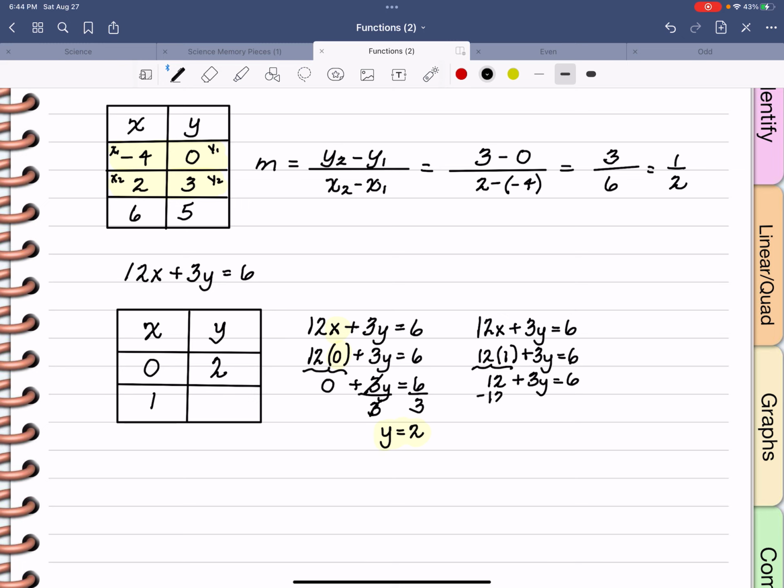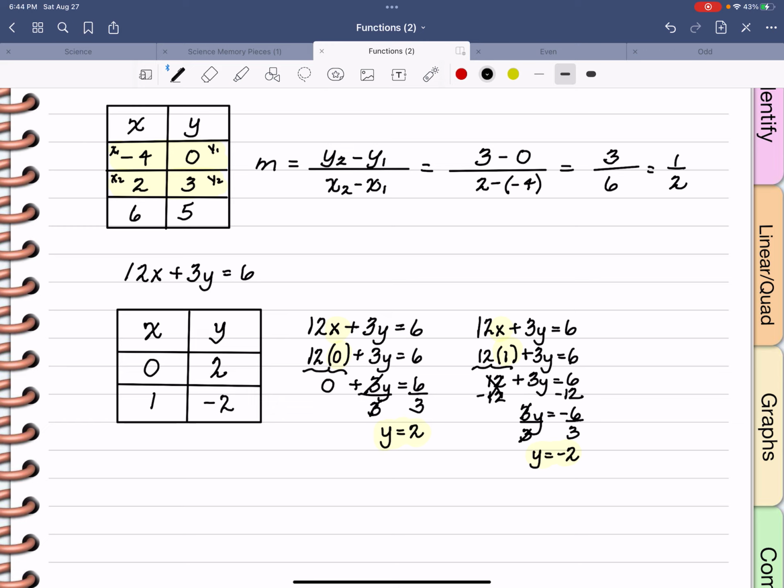Then you subtract the 12 from both sides and cancel. So you're left with 3y equals negative 6. Divide both sides by 3 to get y by itself, and you end up with y is negative 2. So when x is 1, y is negative 2. And I'll just bring that back over here.